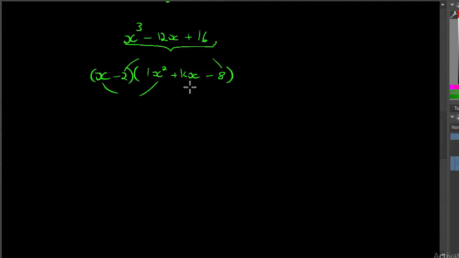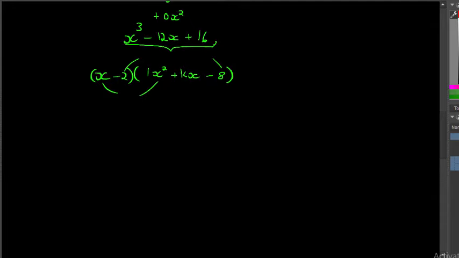Now notice that the k is more difficult to find, because in order to find the k, I need to get, for example, in the top, there's a plus 0x squared. But x squared is not just found by multiplying two terms together, but two terms are multiplied with each other plus another two terms.